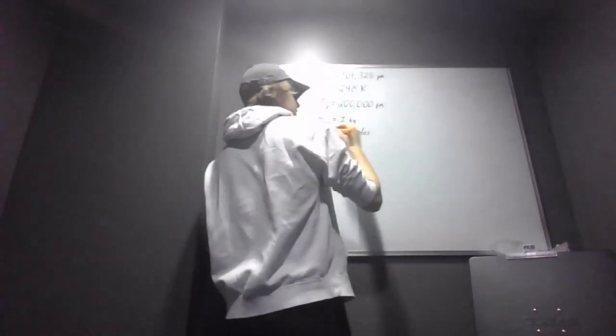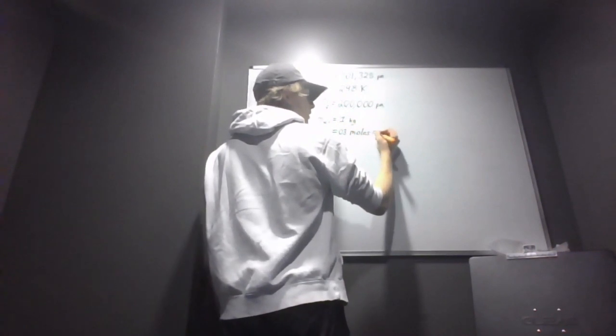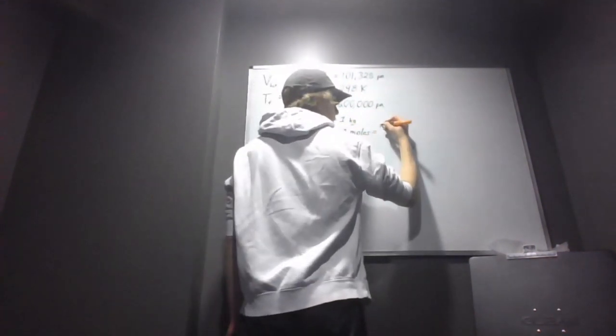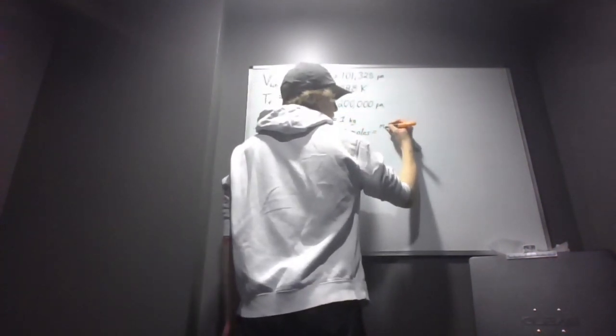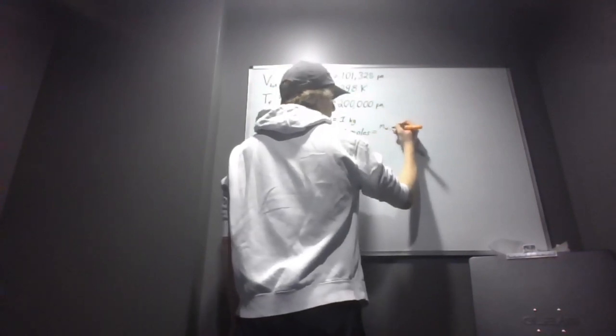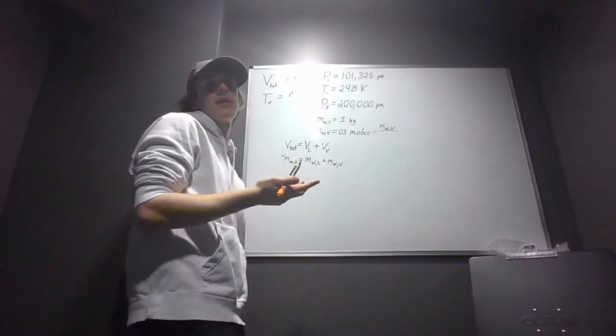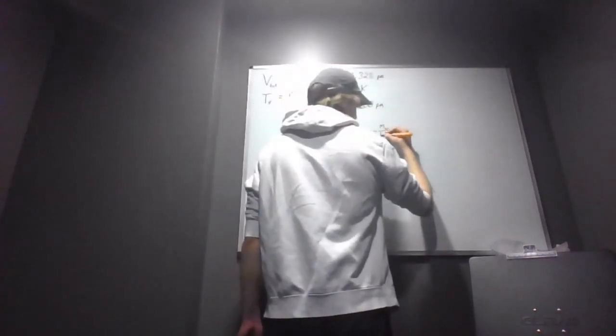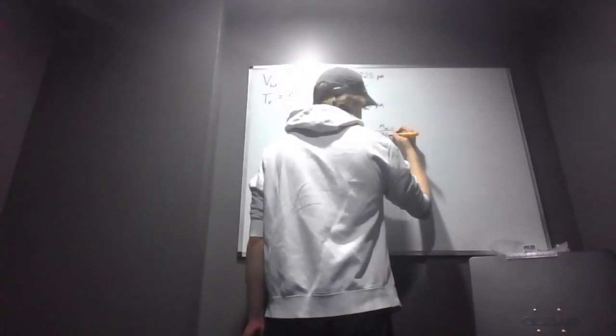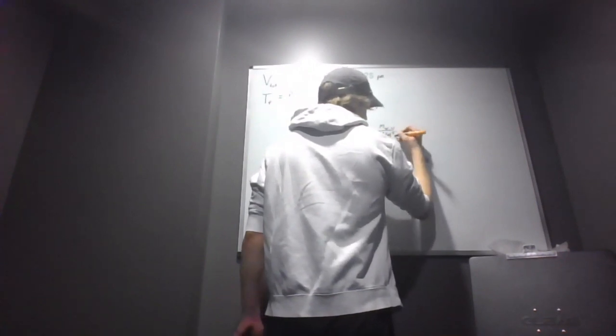So we know that this will equal the mass of the water in the vapor phase divided by, obviously, the molecular weight of water, which is 18 times 10 to the negative 3rd kilograms per mole.